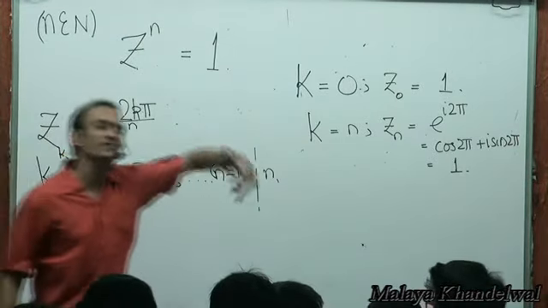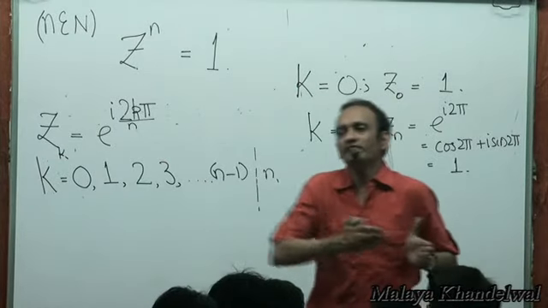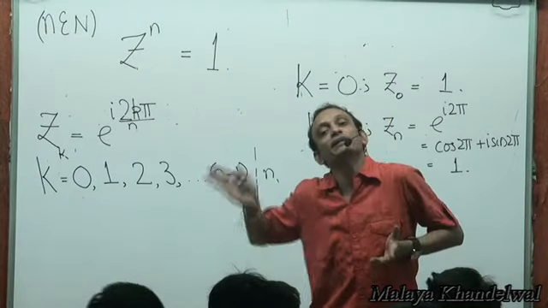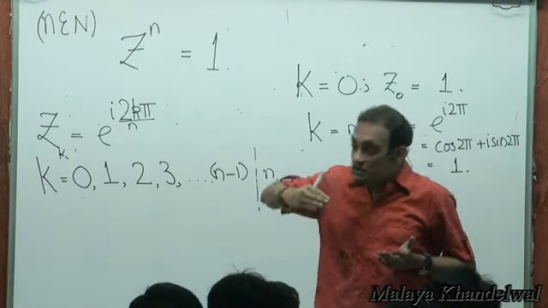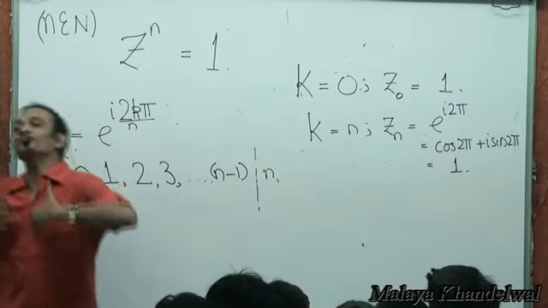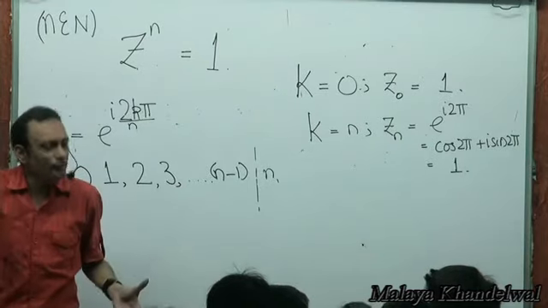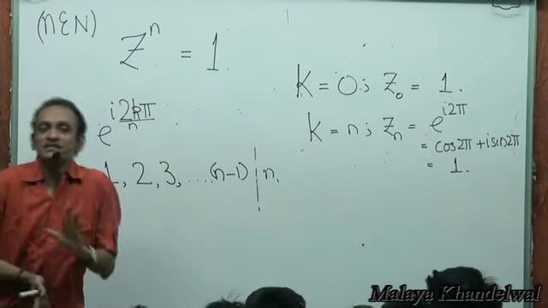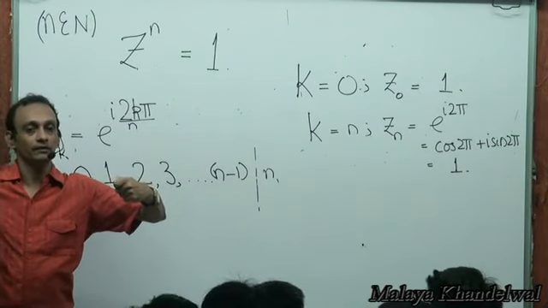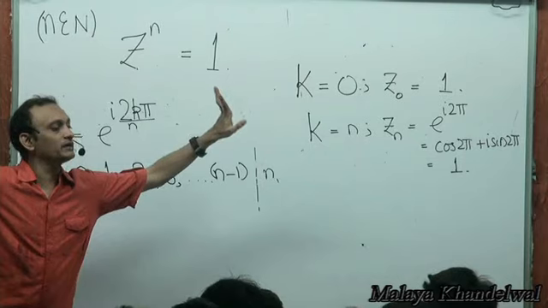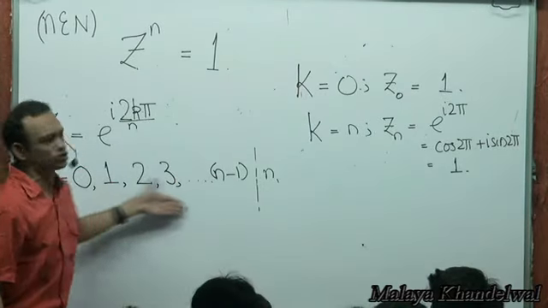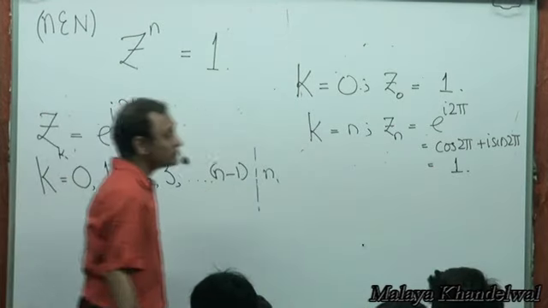You can start with any value of k and go through n consecutive values, and get the various n roots of unity, appearing in various orders depending on the starting point. That's all; it gets shuffled, but the same set appears if you take a string of length n. So it's customary to take 0 to n minus 1, right?